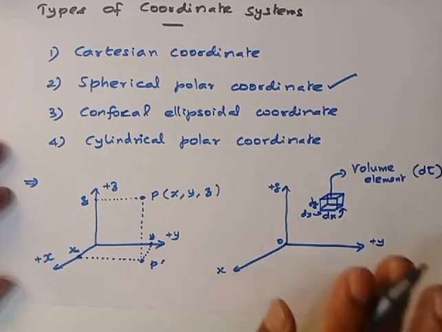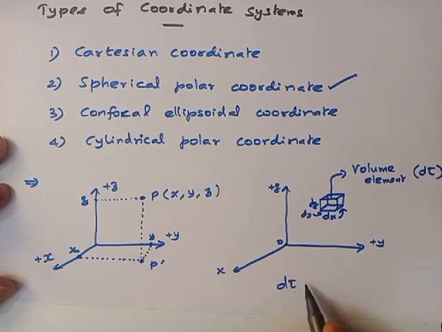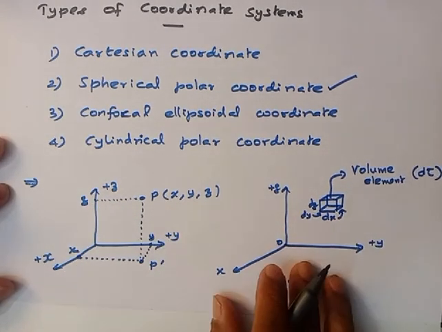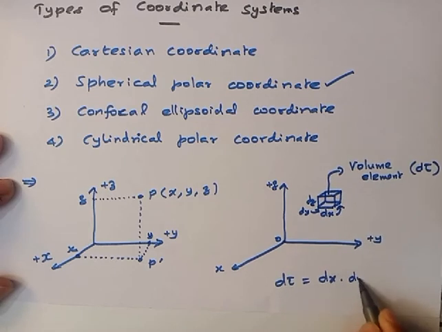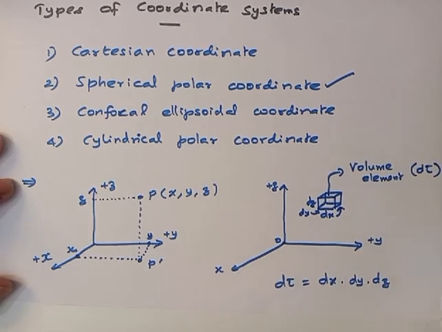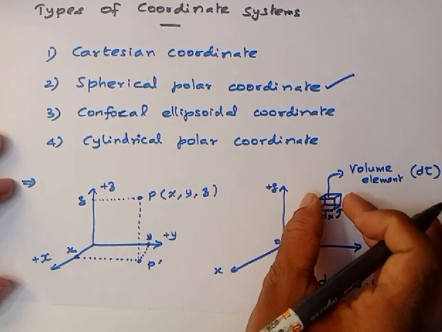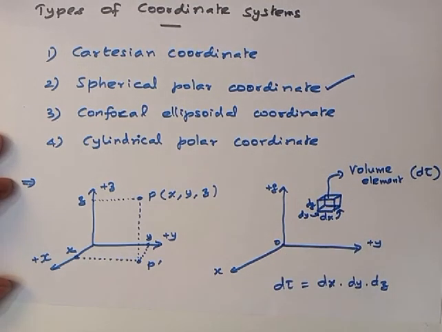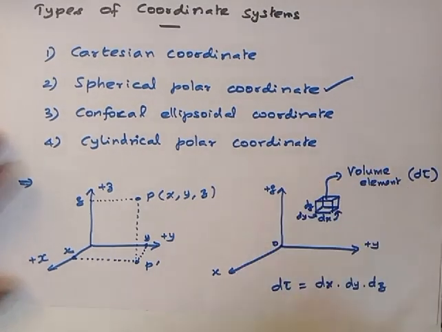How to calculate the volume element in Cartesian coordinate space? It is given as the product of dx, dy and dz. d tau is equal to dx dy dz. This gives you the volume of the small cube present in three-dimensional Cartesian space.